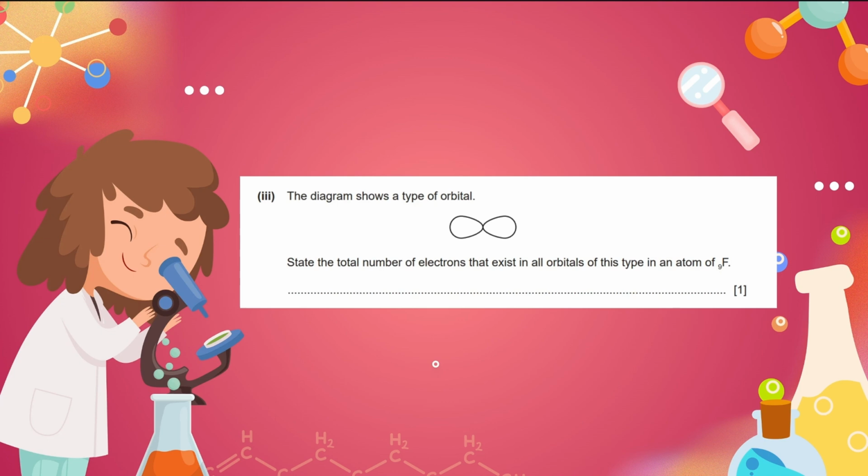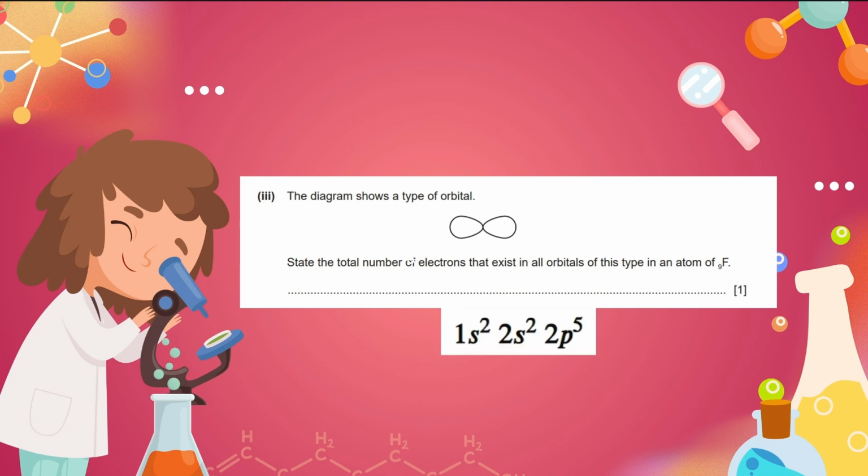Okay, next. The diagram draws a type of orbital. This orbital is a p orbital. Okay, so state the number of electrons that exist in this type in the atom. So we need to find the number of electrons in the p level.